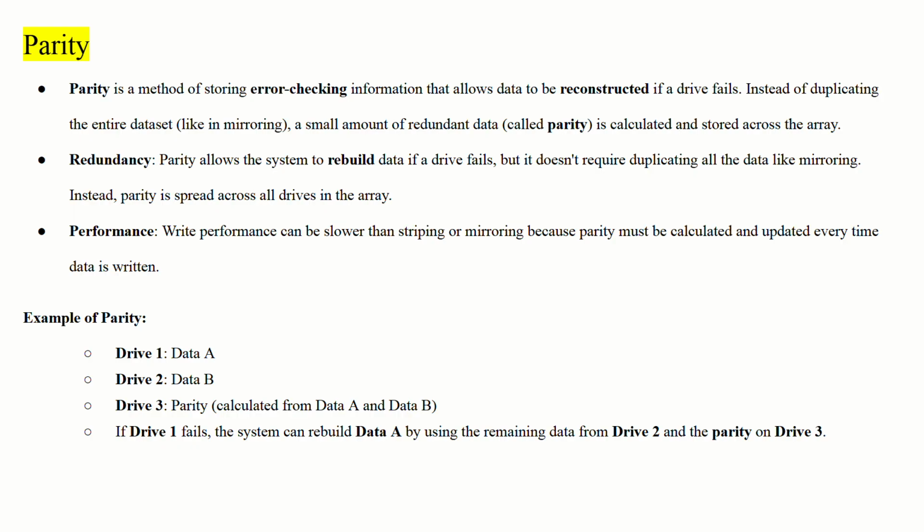Whatever data we store will be a combination. Suppose a Word document is split into two, so drive 1 contains the first half and drive 2 contains the second half. If something happens to drive 1, the parity drive has already calculated the XOR operation, so it will be able to retrieve the data. We can see this with the help of an example.